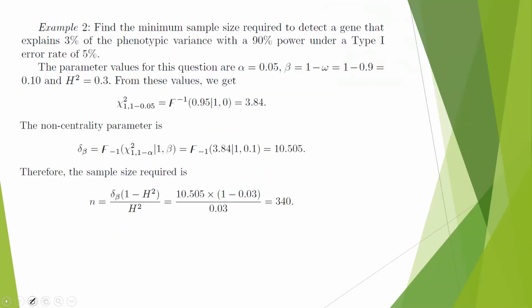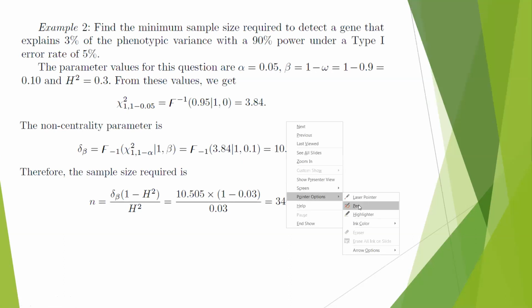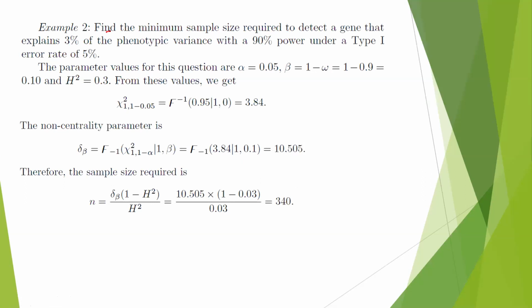Okay, so the second example is a reversed version. In this case, I will ask you to find the minimum required sample size to detect a gene that explains 3% of the phenotypic variance.